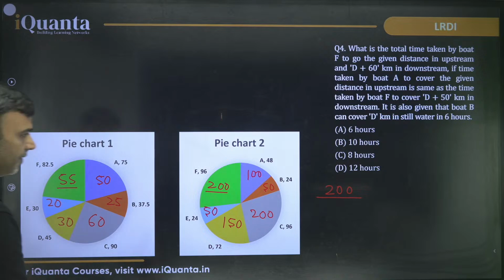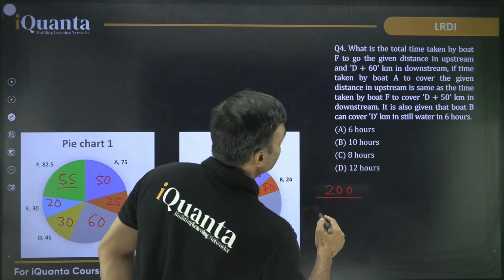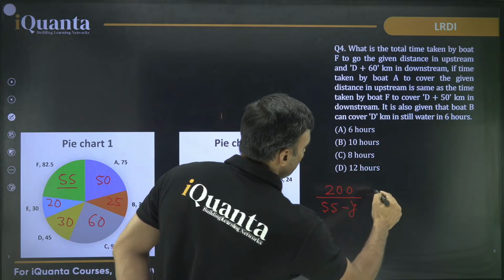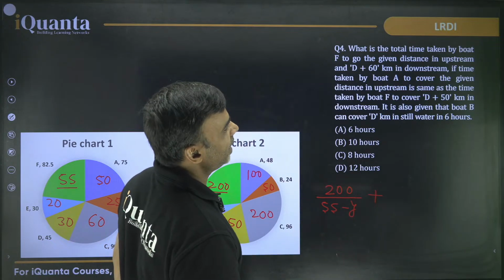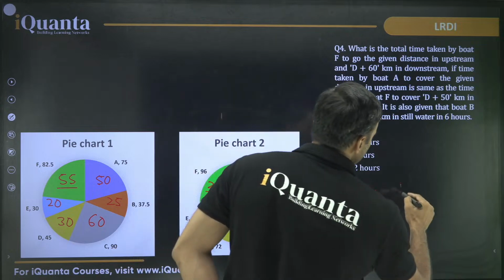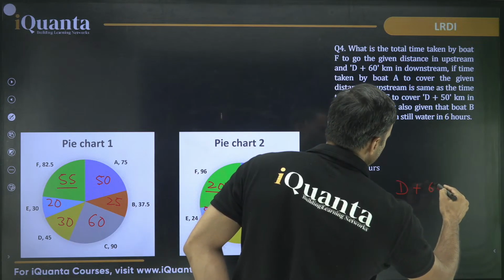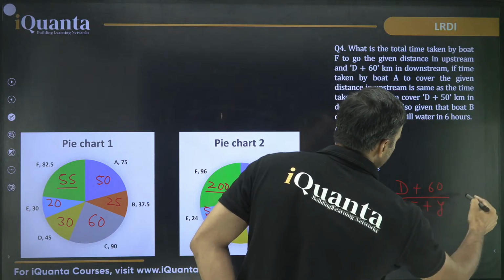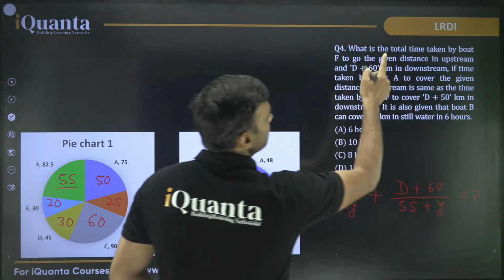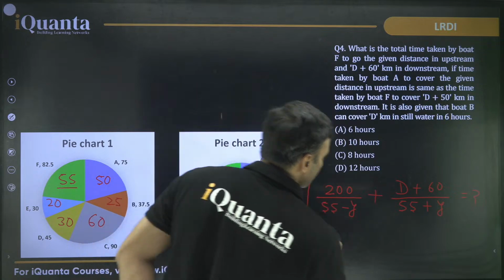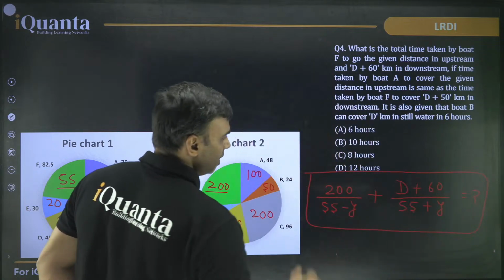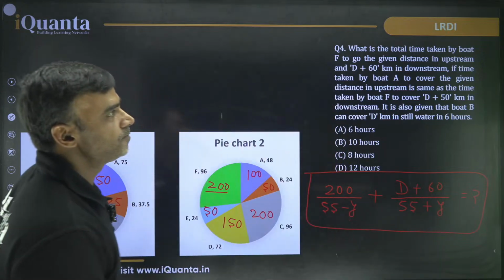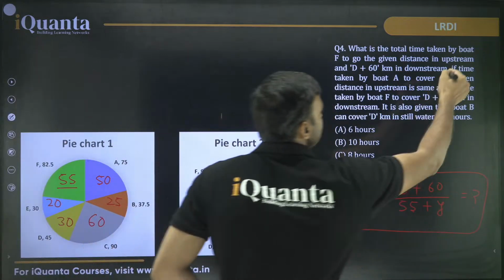That is 55. So 55. And that is upstream. So 55 minus the river speed plus, okay, d plus 60 kilometers downstream. So d plus 60 divided by 55 plus y. This is our question. Okay? That is the question. Do we understand that? ये हमारा question है. To find the answer of this, I need the value of y and I need the value of d. Now, this part is over.